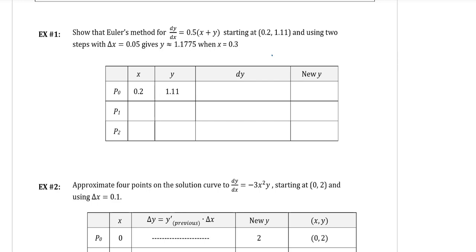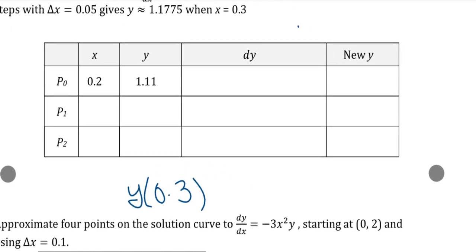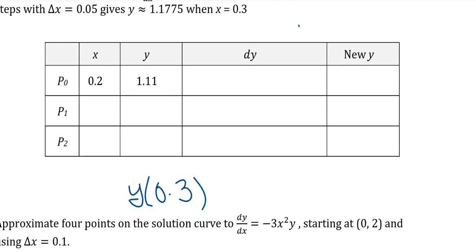So what we're trying to do is find the approximation of y of 0.3 for this differential equation. So I'm going to blow my table up here a little bit so that I have some more room because the numbers get a little long in the decimals. Okay, so I have some more room to write.